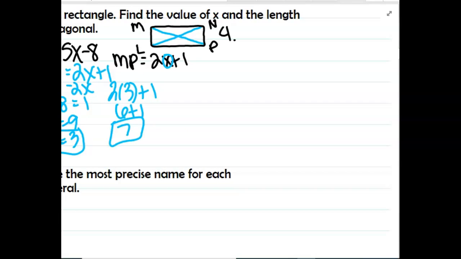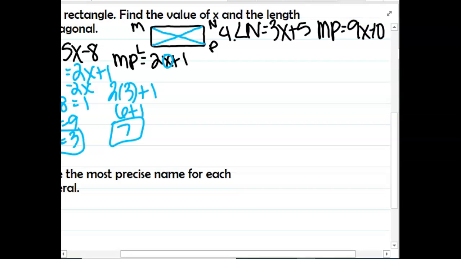Number 4 says LN equals 3x plus 5, and MP equals 9x minus 10. So, same idea. They give me both diagonals, and just like the last rectangle, the diagonals of this rectangle are congruent.